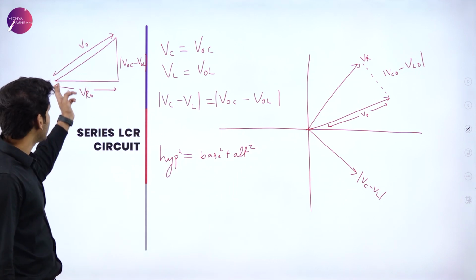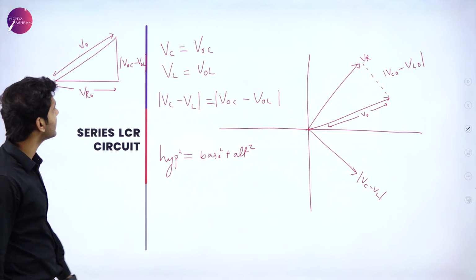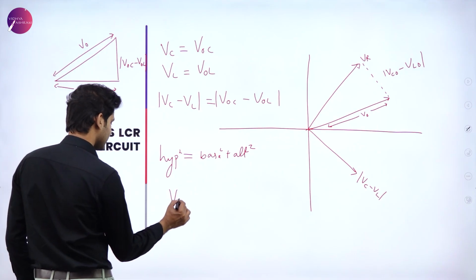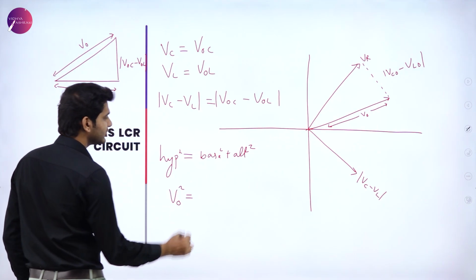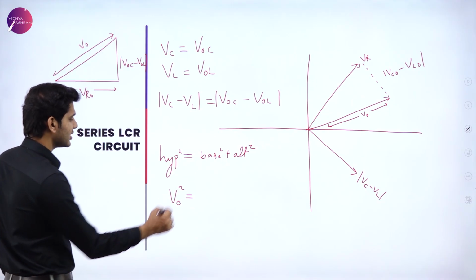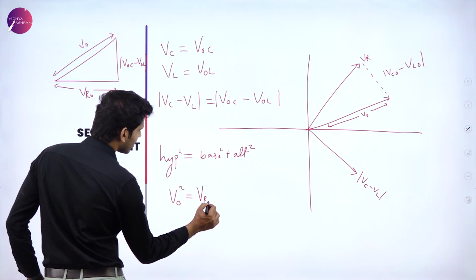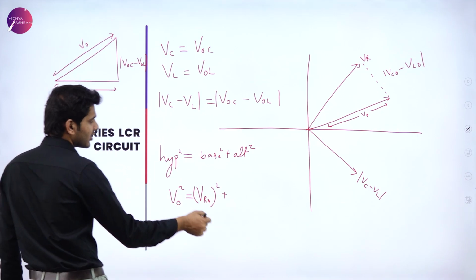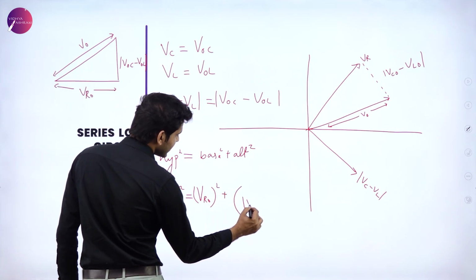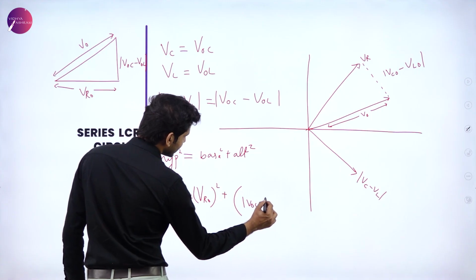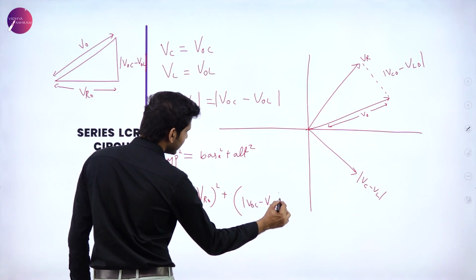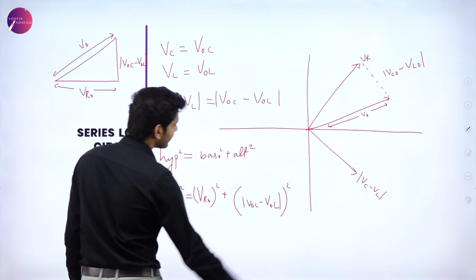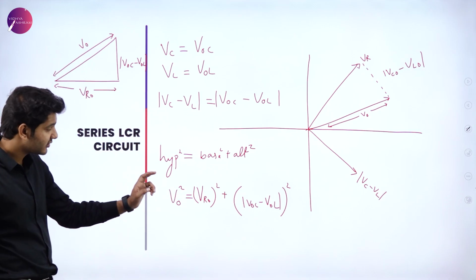And we know that the hypotenuse is nothing but V naught. So V naught square is equal to base square, which is V R naught square, plus V naught C minus V naught L whole square. So this will give you the resultant.